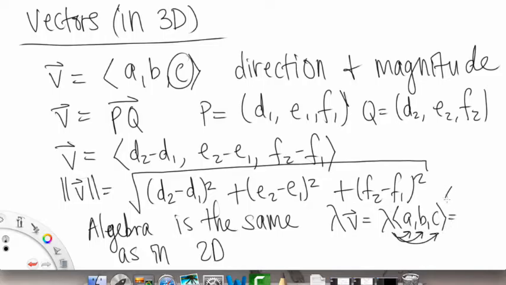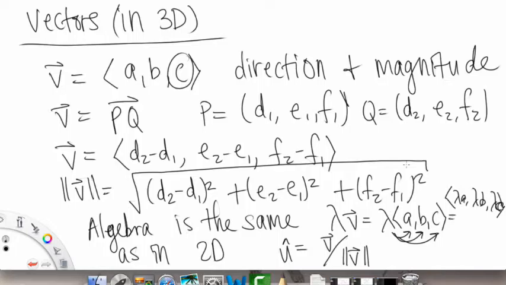So we get lambda a, comma, lambda b, comma, lambda c. Sorry this is so small, I just wanted to fit all the vector stuff on one slide. And the last thing is that the unit vector is the exact same thing as in 2D. If you have a vector and you want to make it a unit vector, you just divide it by its magnitude. Okay?